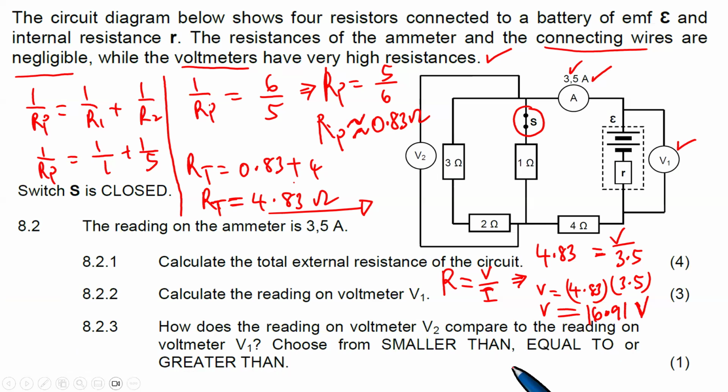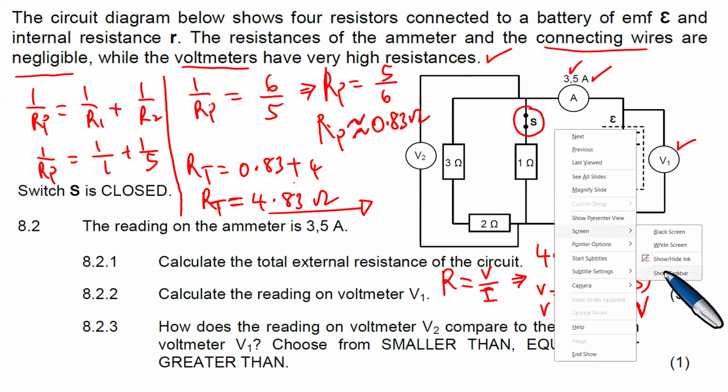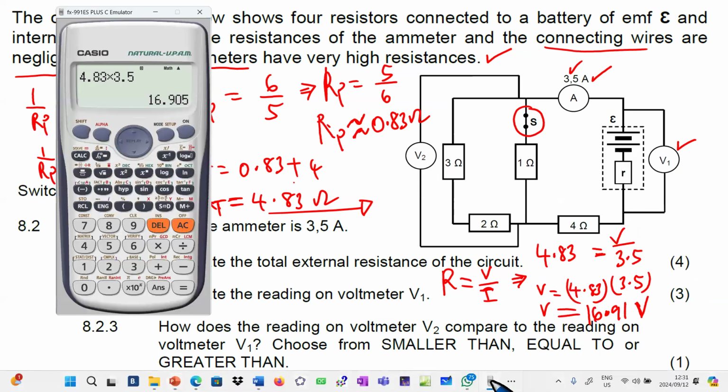Okay, so this is the answer you got also, 16.91, but you can also take 16.92, something like that. But we got 16.91, right? Just check. Yeah, 16.91 volts.